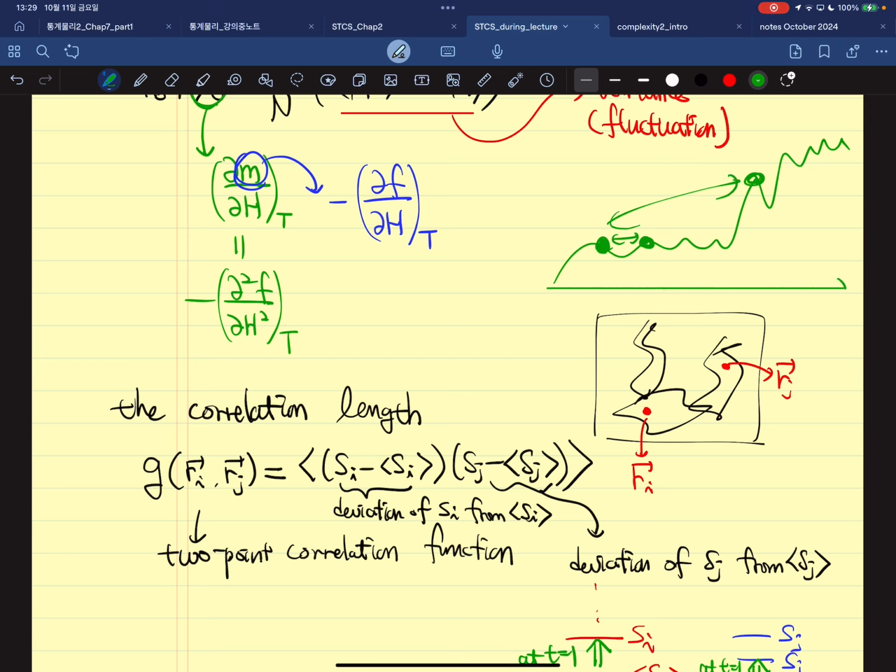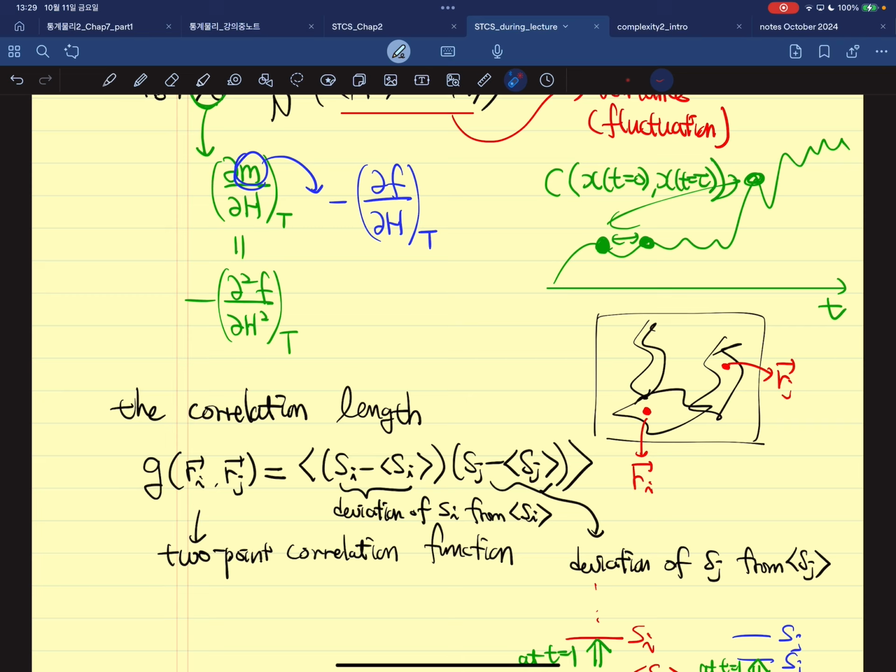If this is a temporal direction, we calculate the correlation between these data points at t0 and t equal to tau. So it's a correlation to itself, but at a different time.